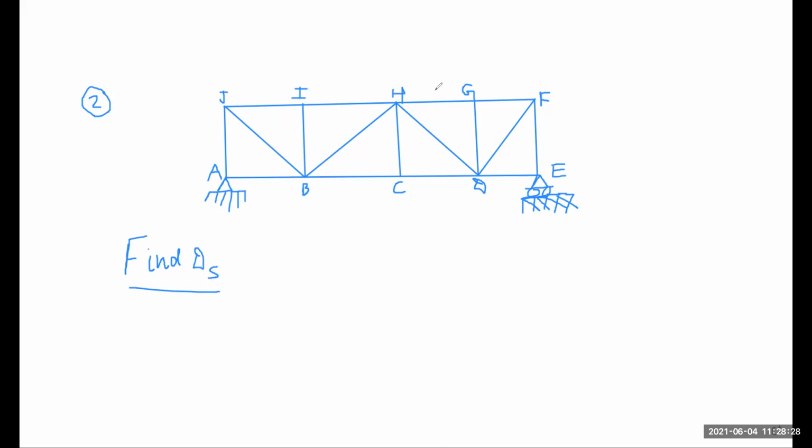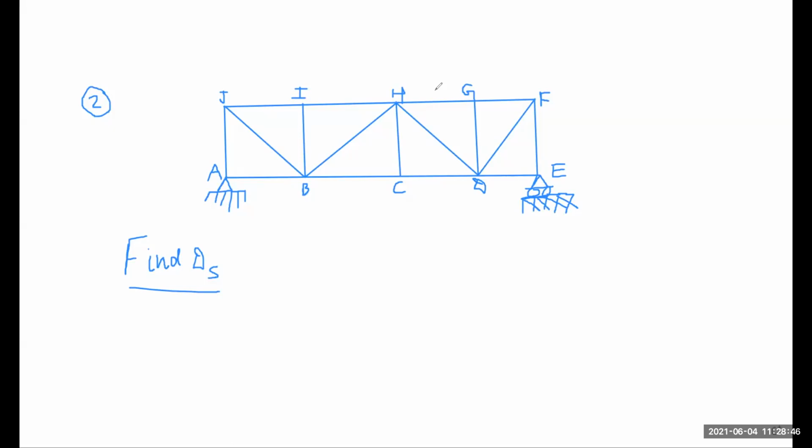Amrita, Aparna, Arjun, what's your answer? 0, sir. Okay, 0 is the answer. Aparna, how did you get 0? Can you elaborate how you get 0?